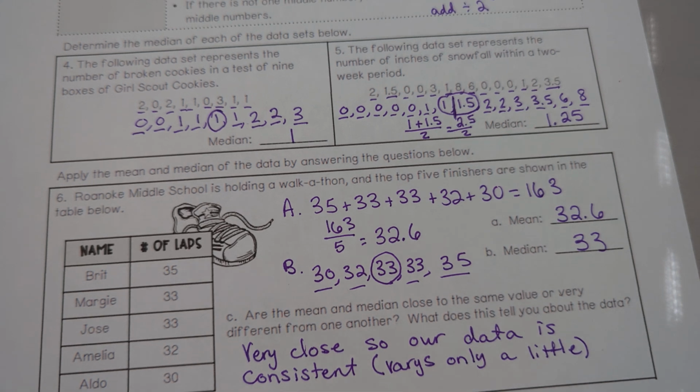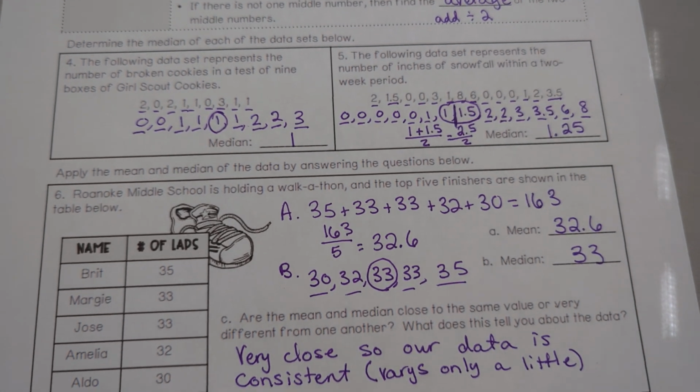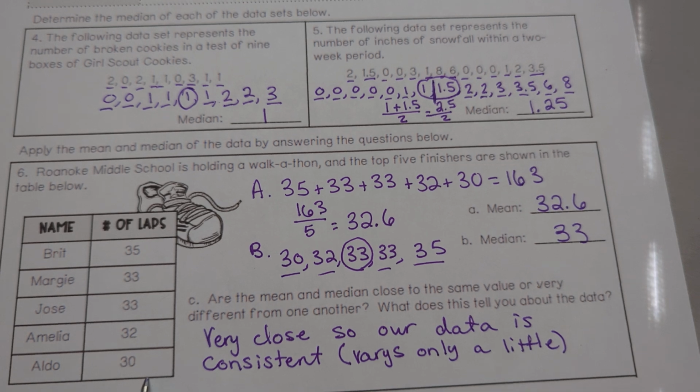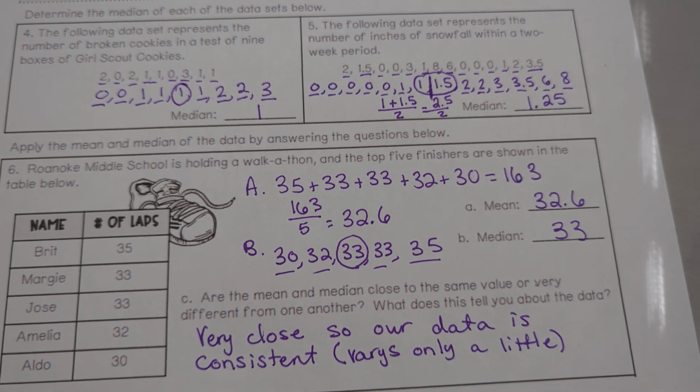So varying means how much variety it has, how many different things there are. These are fairly close to each other, so we don't have a whole lot of variety compared to what we could.